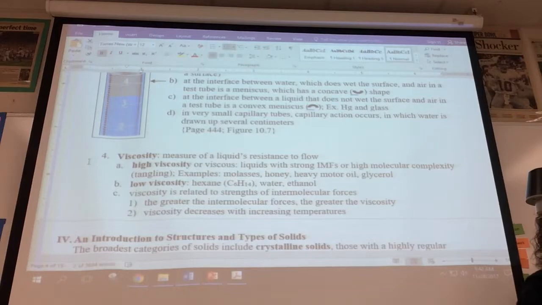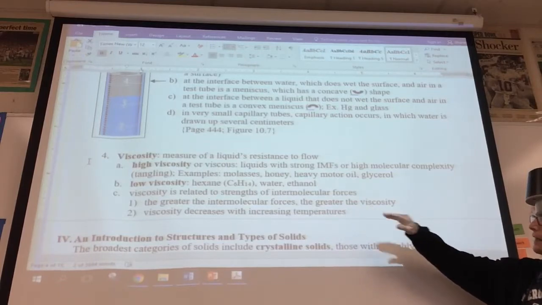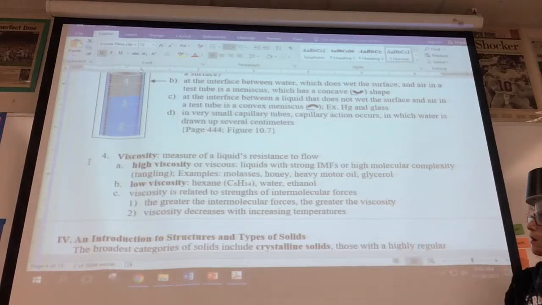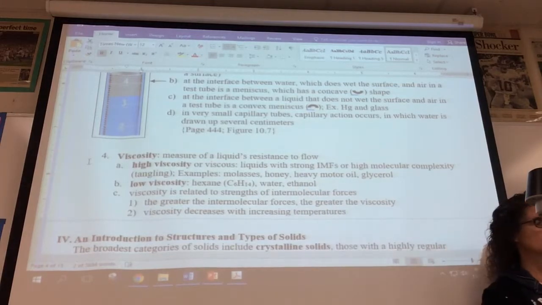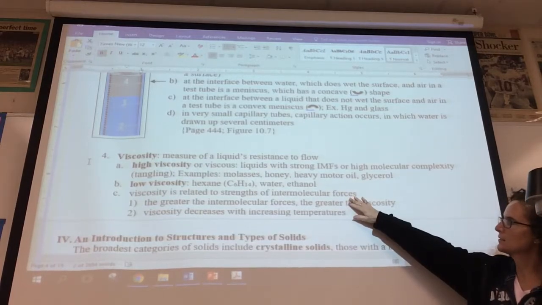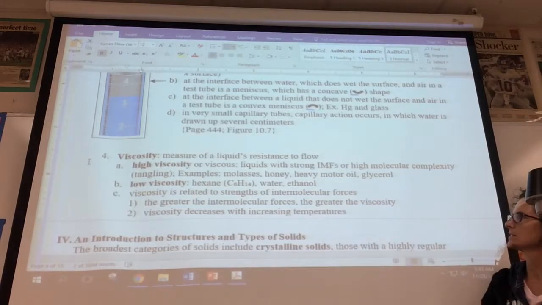Make sure you brush your teeth well after that. Otherwise, you're going to have a mouthful of cavities. Things that are low viscosity are going to have weak IMFs like hexane, C6H14, water, ethanol, etc. So these are polar covalent substances, and they do have IMFs, but they're not very sticky. So viscosity is very much related to IMFs. The greater the IMFs, the greater the viscosity.